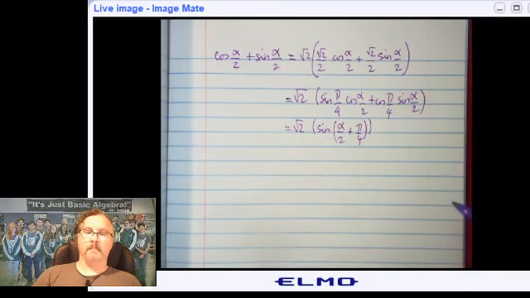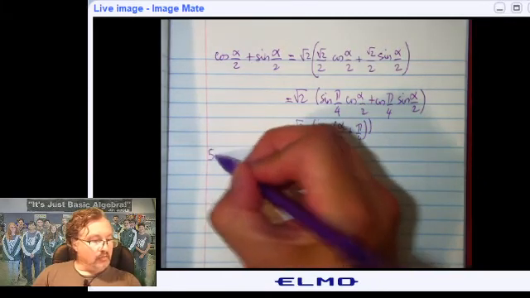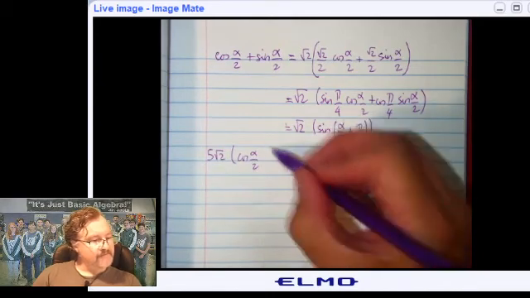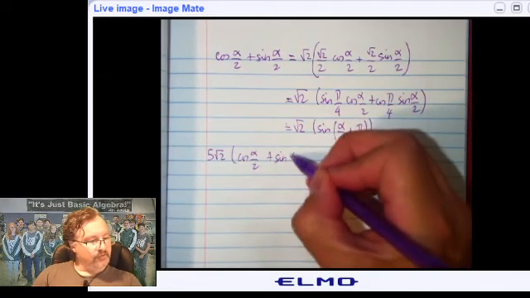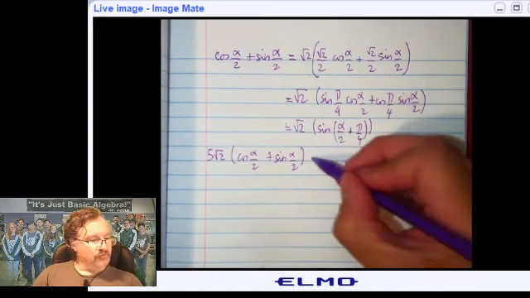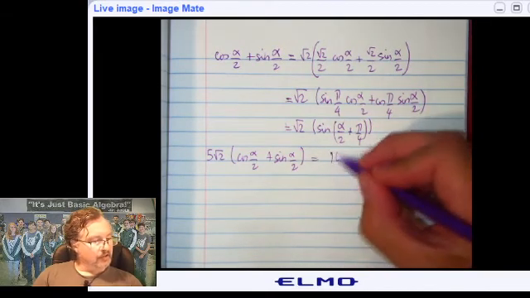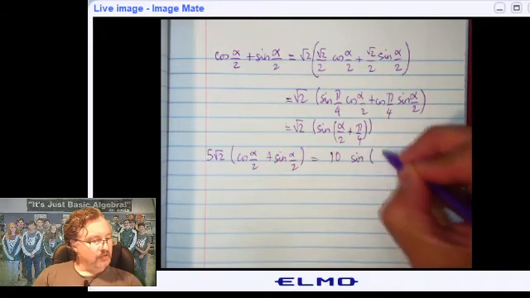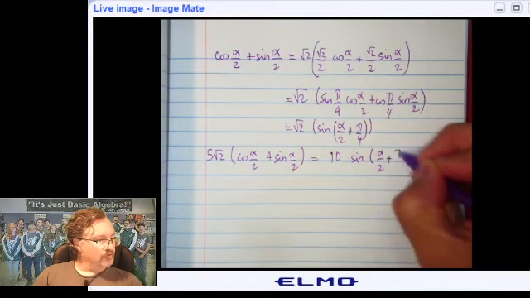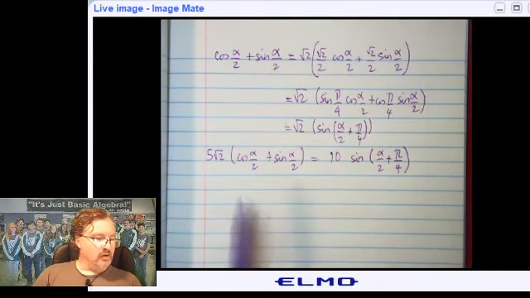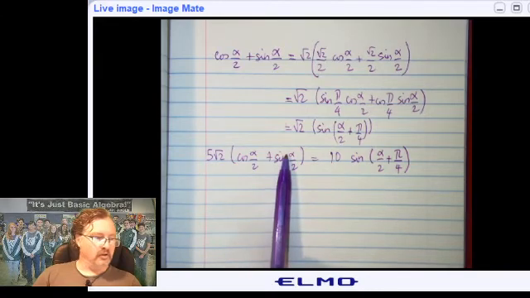Right? So if now I write the equation 5 root 2 times cosine alpha over 2 plus sine alpha over 2, that's going to be 5 root 2 times this, which will be 10, times sine of alpha over 2 plus pi over 4. So that was the left side of the original equation.